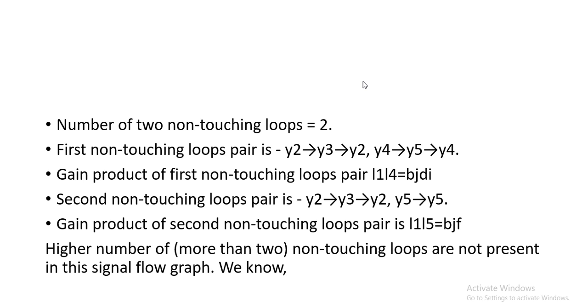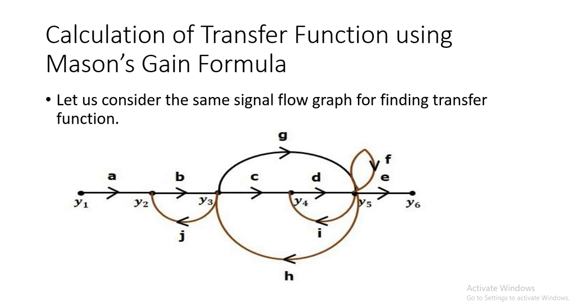Now let us see the next part, which is very, very important: the number of two non-touching loops that we have to see. So what do you mean by two non-touching loops? See, if you see this whole diagram, there are some loops which are touching another loop.